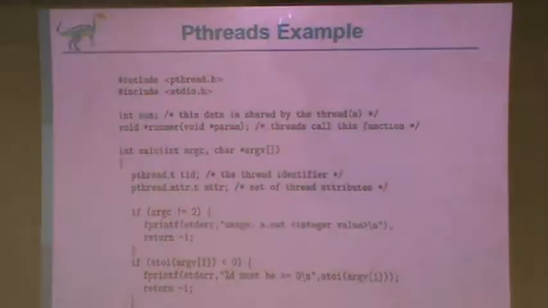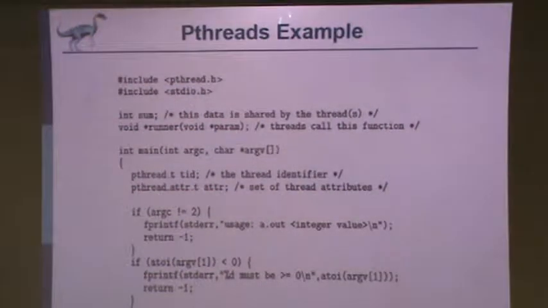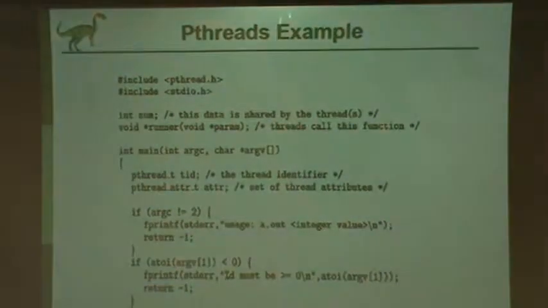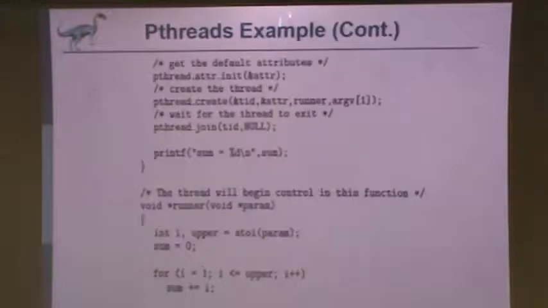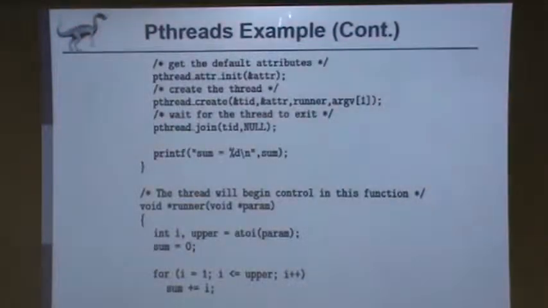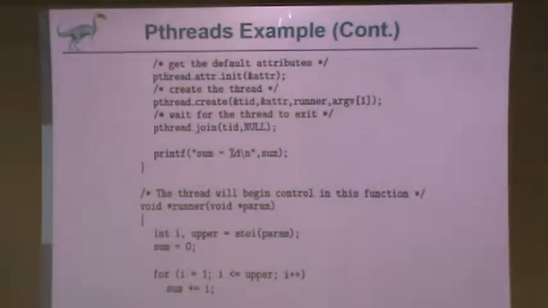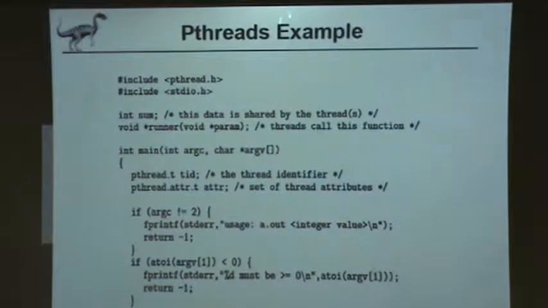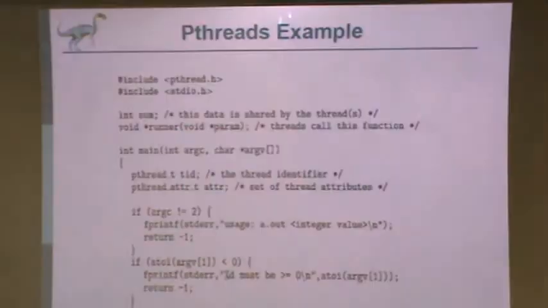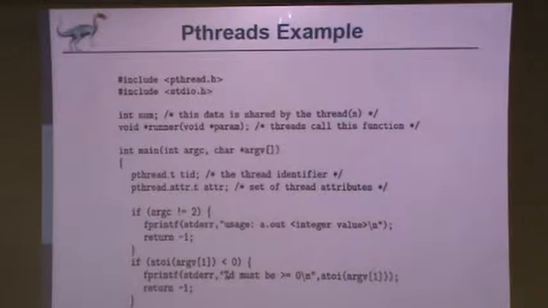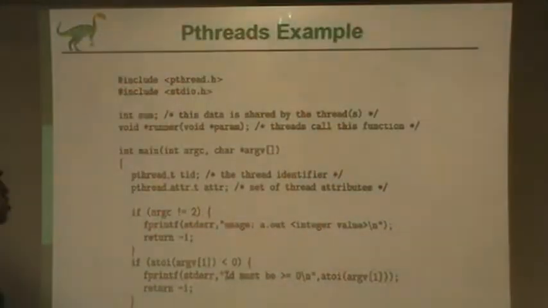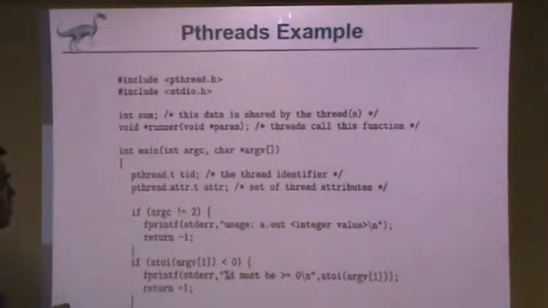And this is an example of Pthreads in C. See, in the main, we create a pthread ID, and each pthread has its attributes.